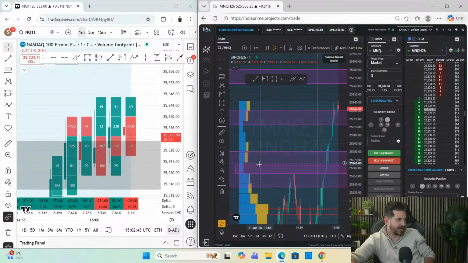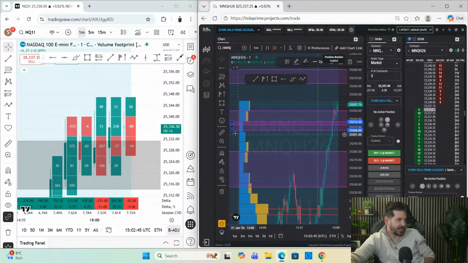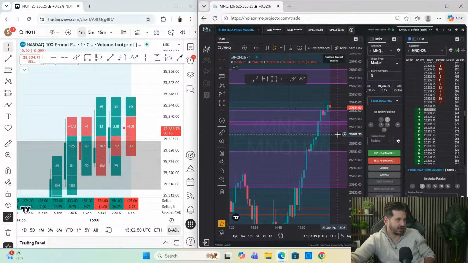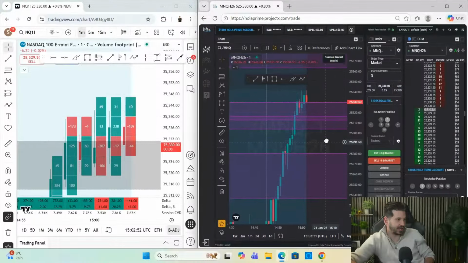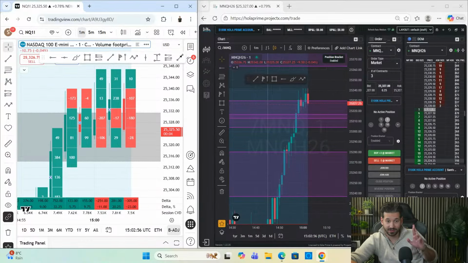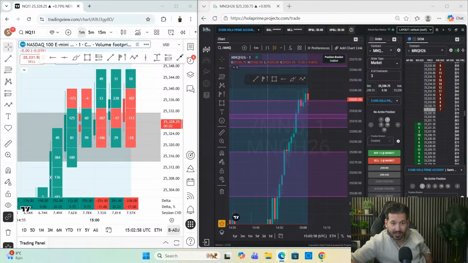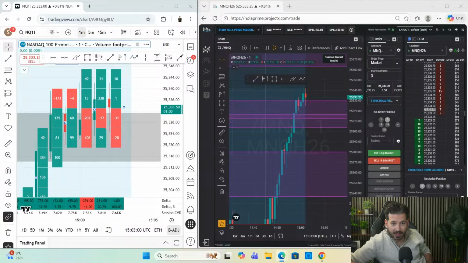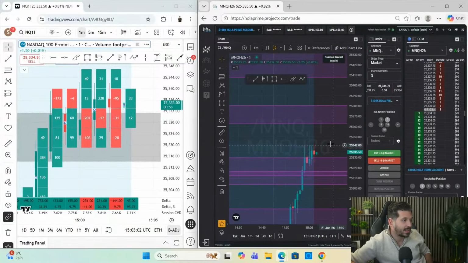There was another little gap created here. If we pull back into that area, I could see potentially a long. So hopefully we actually get that pullback. And the next area where I expect a pullback would be up here.